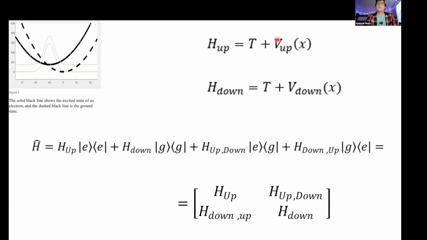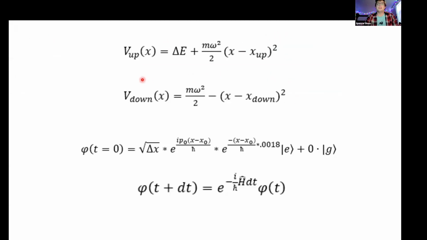In the path equation, we also see that we have a V up and a V down. So that is calculated through here. For V up, the big difference between these two is that this is the change in energy with this, whereas this is minus your X down.